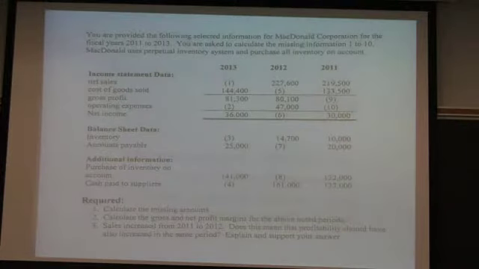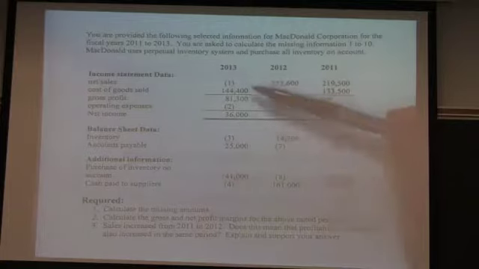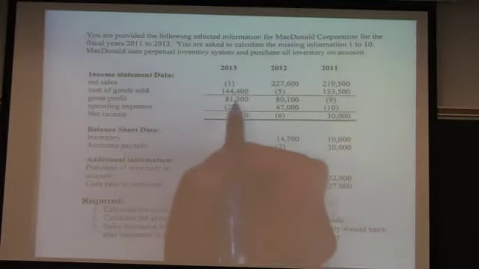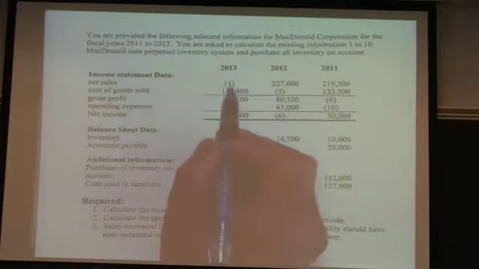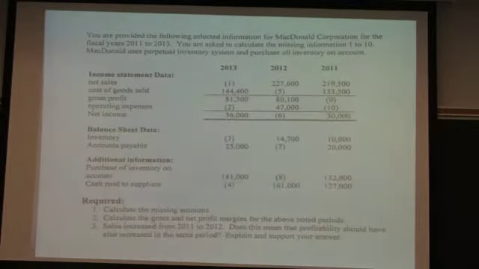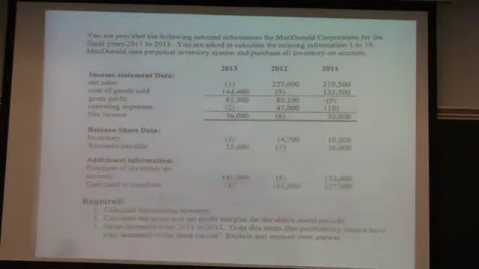Solving this problem allows us to understand the relationship between certain concepts. For example, we know that gross profit is the difference between sales minus cost of goods sold. So we can probably quickly figure out number 1, because we've got cost of goods sold and we have gross profit.